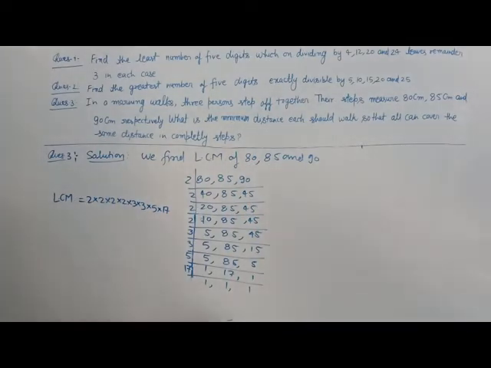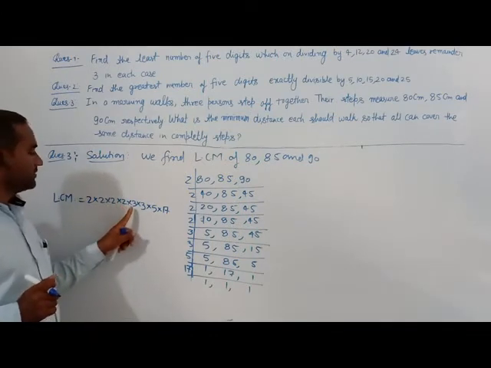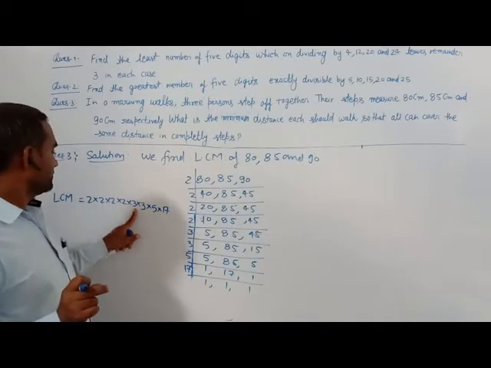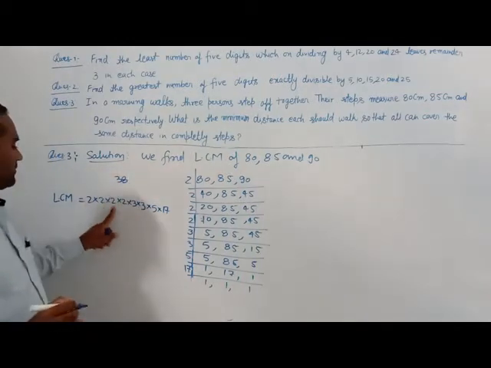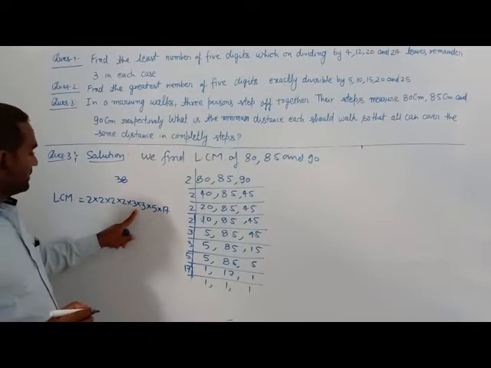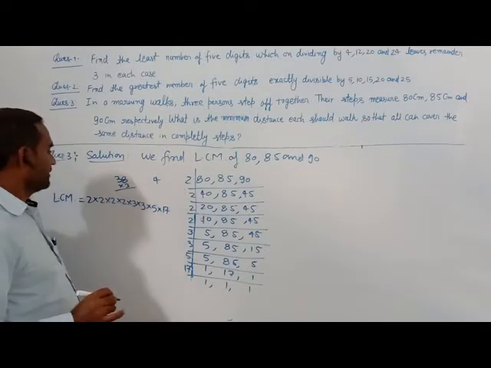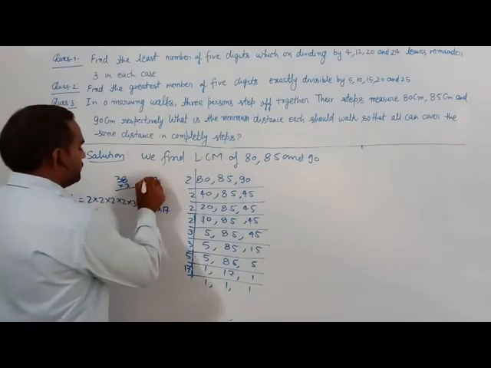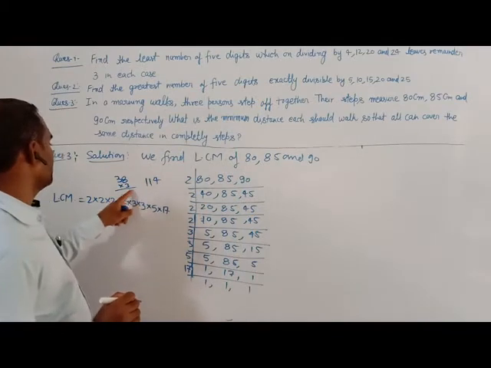Now we have to multiply all these factors. 2 times 2 is 4, 2 times 4 is 8, 2 times 8 is 16, then 16 times 3 is 48, and 48 times 3 is 144.